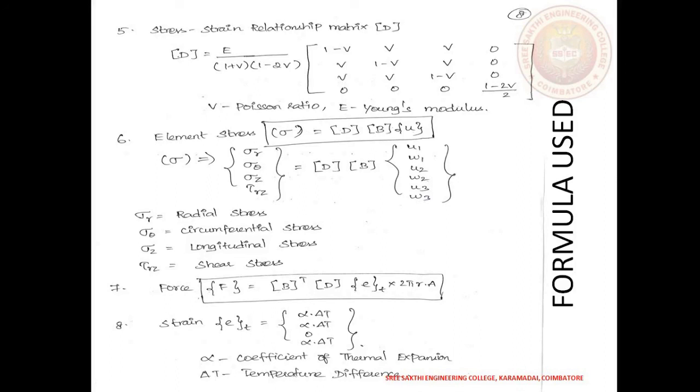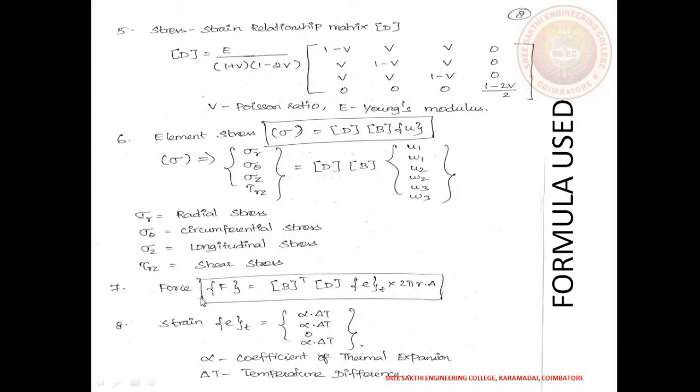Okay. In the forthcoming slide, we will see the problem. Then sigma r is nothing but the radial stress. Sigma theta is nothing but the circumferential stress. Sigma z is nothing but the longitudinal stress. Tau r z is nothing but the shear stress.